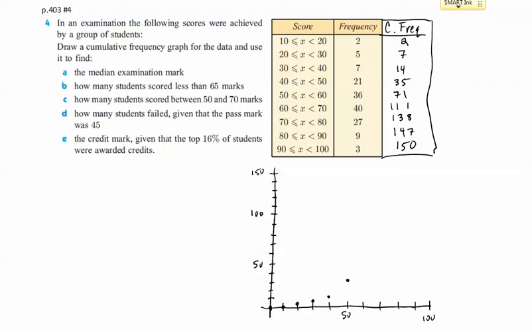So 50, 60, 71. Now keep in mind that this is telling you how many people have a 60 or less. So as we go farther in, as we get higher scores, there are more and more students that actually achieved that level. All right, so now we go to the 70, which is 111, so just above 110.